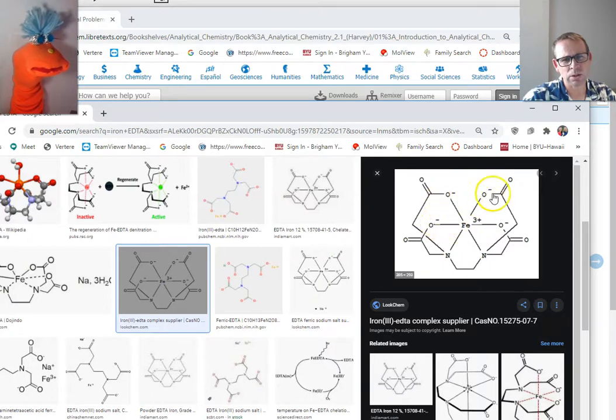The oxygens here are providing electron density to complex the iron, along with the lone pairs on the nitrogen. They are all donating electrons, and we have 1, 2, 3, 4, 5, 6 directions in which electron density is being donated to this iron, and each one of these forms a little bit of a complexing bond. Although they can release one at a time individually, the likelihood of all 6 of them releasing at the same time is minimal. And so what happens is the iron binds to this EDTA.